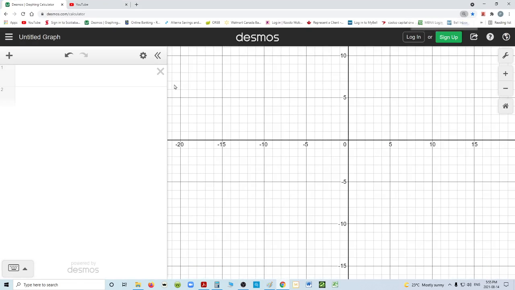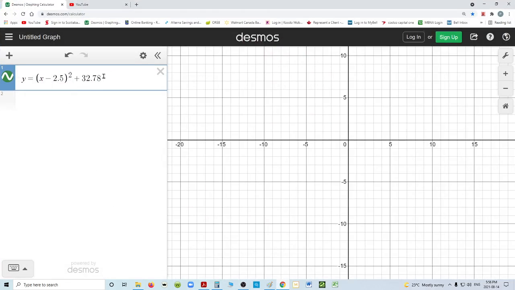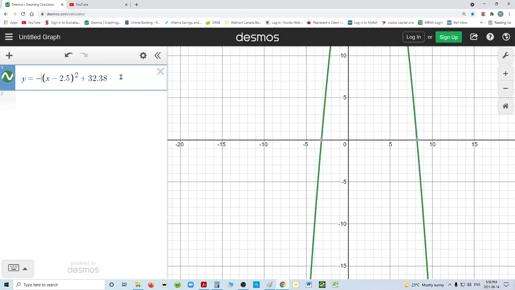Probably should have kept that tool around because it's pretty useful. But anyway, so y is equal to negative (x minus 2.5) squared plus 32.38, and we're just going to restrict x to be bigger or equal to 0.